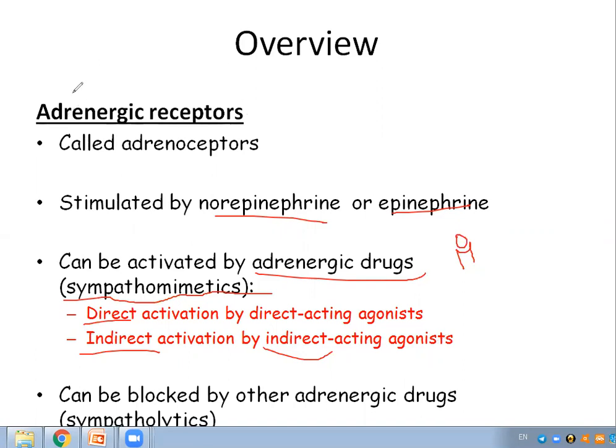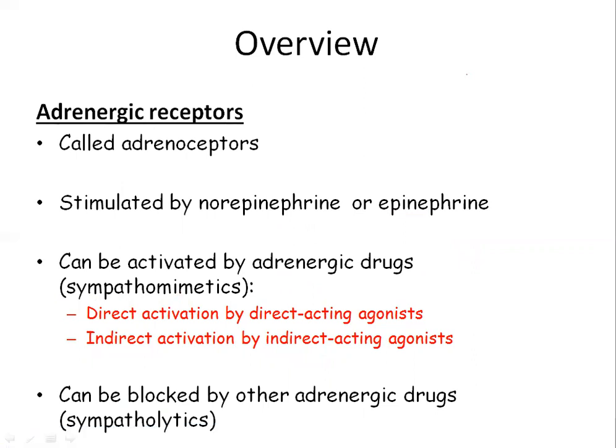The adrenergic receptors, as they can be activated, can also be deactivated or blocked by other adrenergic drugs. And in this case, they will be called sympatholytics. So we distinguish two types of adrenergic drugs, those that are sympathomimetics, and the others that bind the adrenergic receptors by blocking them, called sympatholytics.